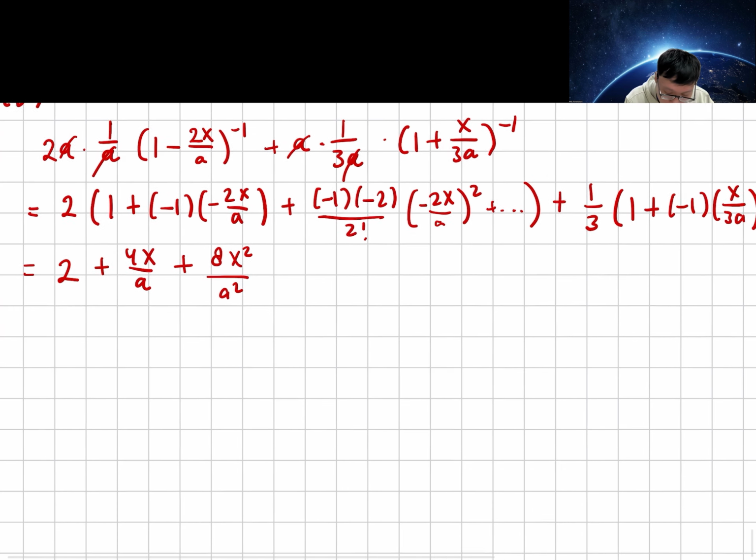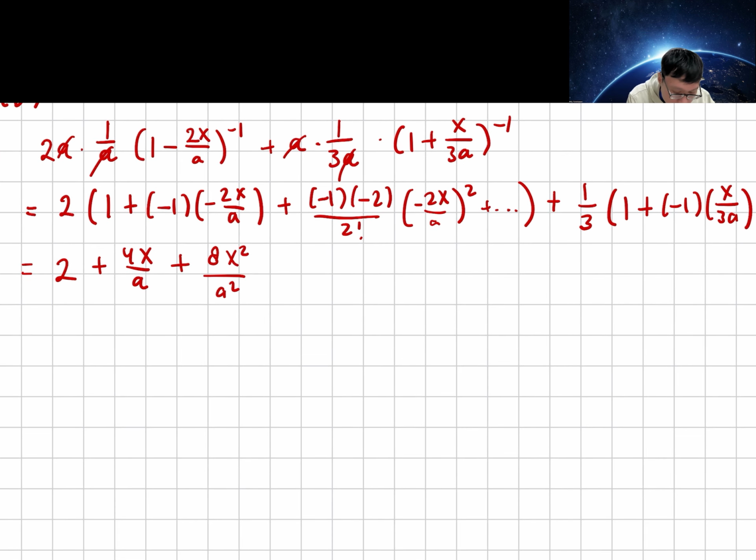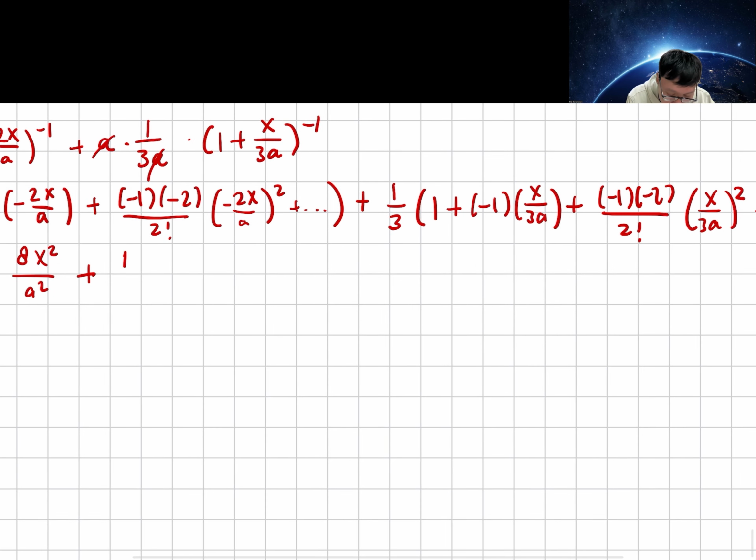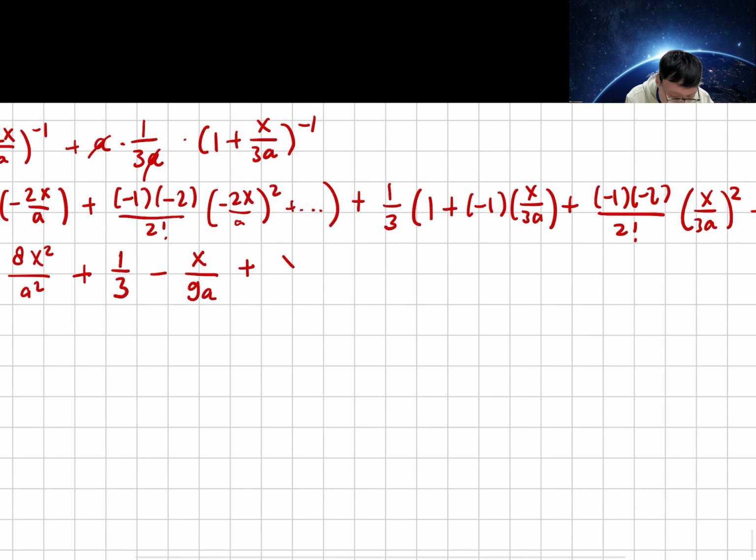Plus the rest, we don't need that, so maybe I can just change it into approximately. And then plus, you can expand 1 over 3, so you get 1 over 3. This one gives you minus x over 9a. This one, you calculate all of those, you get plus x squared over 27a squared.